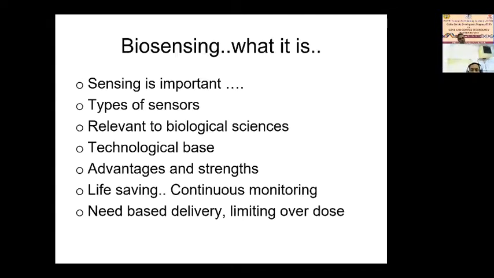At the same time, they can be coupled with delivery devices, either a patch or other things. When the sugar level goes down, they can give that quantity through the patch. That sort of sensing has become important nowadays. Okay, so next please.